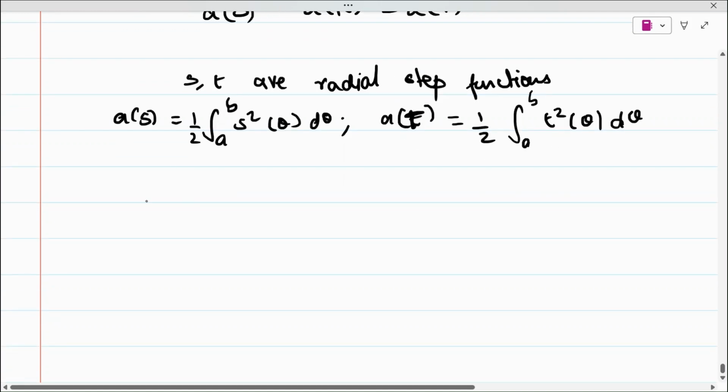Now we multiply these by 2, so 2a(S) ≤ 2a(R) ≤ 2a(T).